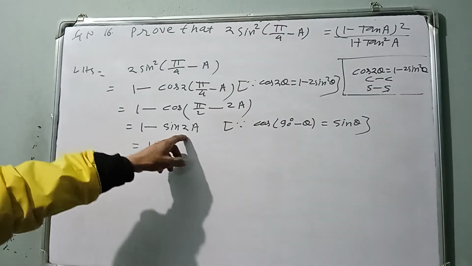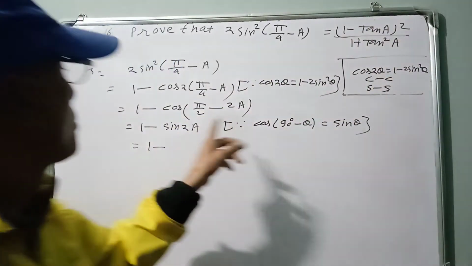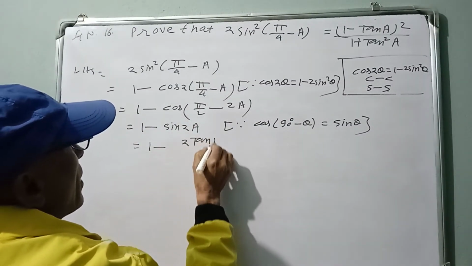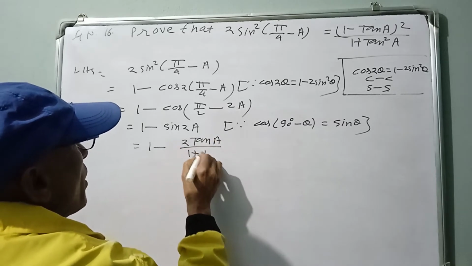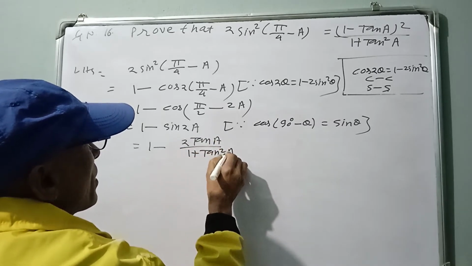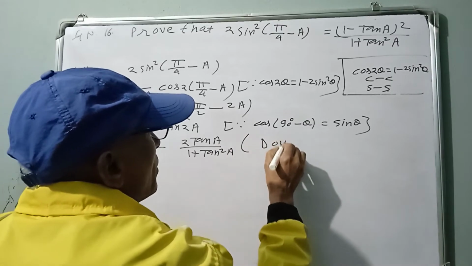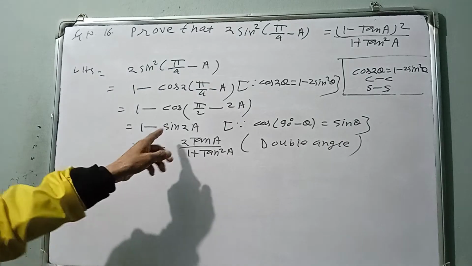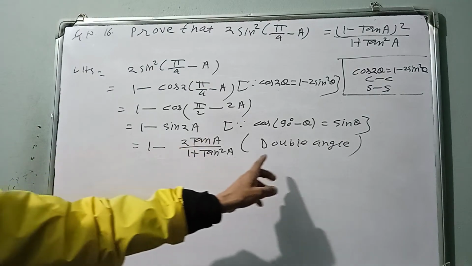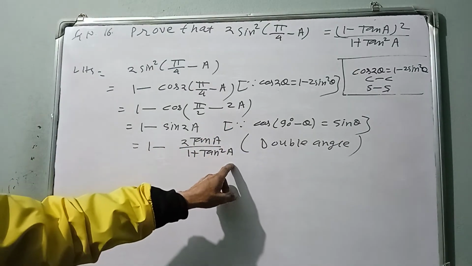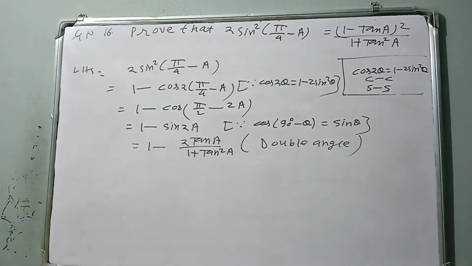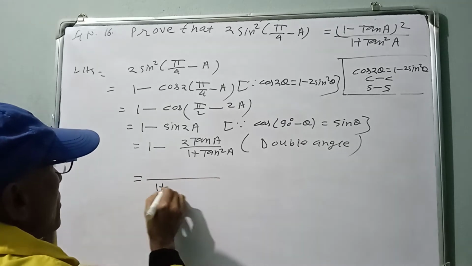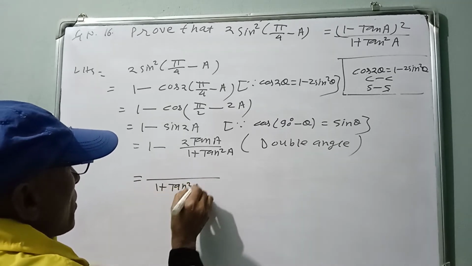1 minus sin 2A. Now change sin 2A in terms of tan A. Sin twice A is 2 tan A by 1 plus tan square A. Double angle formula. Here write down the double angle formula: sin 2A equals 2 tan A by 1 plus tan square A, because if A is the angle, 2A is the multiple. Now what you do? 1 plus tan square A, LCM.